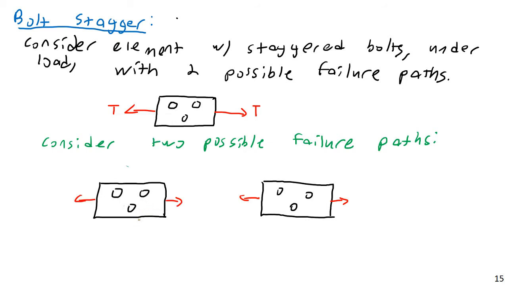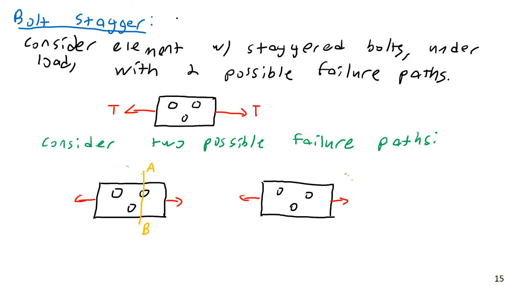One I might call path AB, which is just like what we've seen previously, directly all the way across, no problem. That's relatively easy to calculate, no more difficult than what we've looked at previously.